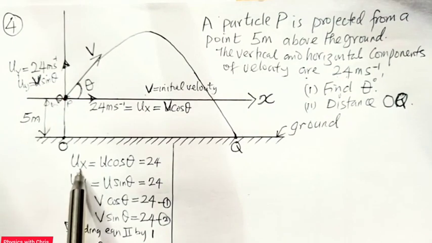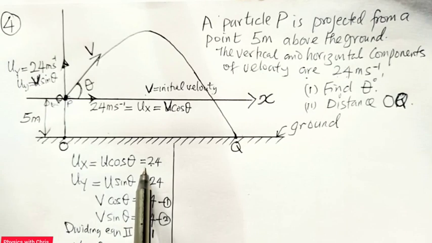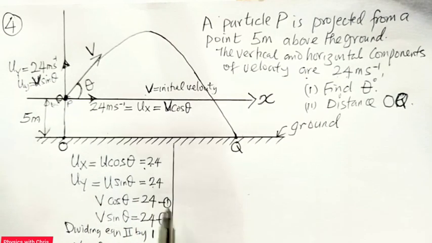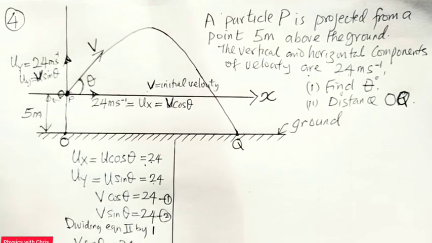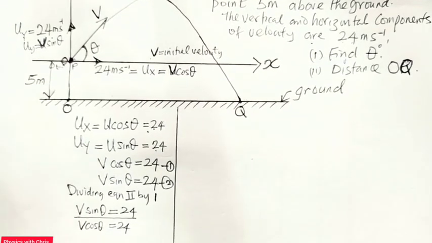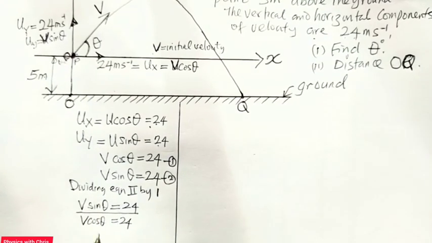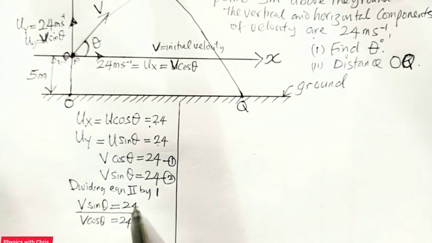Okay, so come back here now. Ux is this, which is 24, meaning that ux is already given. The horizontal component of the particle's initial velocity is this, and this one is this. So that when I divide the two equations, dividing equation 2 by 1, I have v sine theta over v cos theta equals, on the right hand side, 24 and 24.